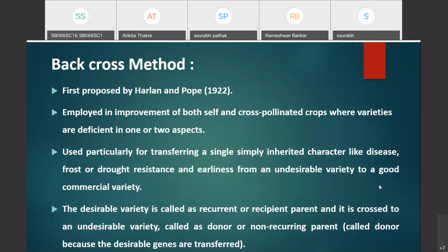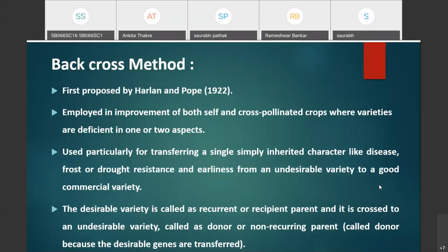It is called the donor because the desirable genes, or in other words the desirable characters, are transferred from this undesirable variety into the commercial variety.